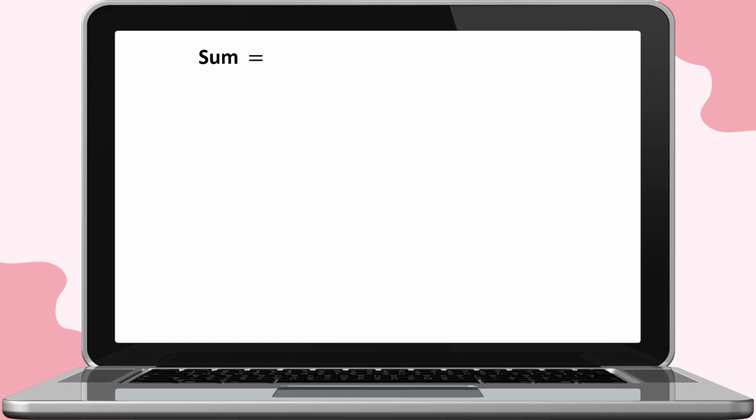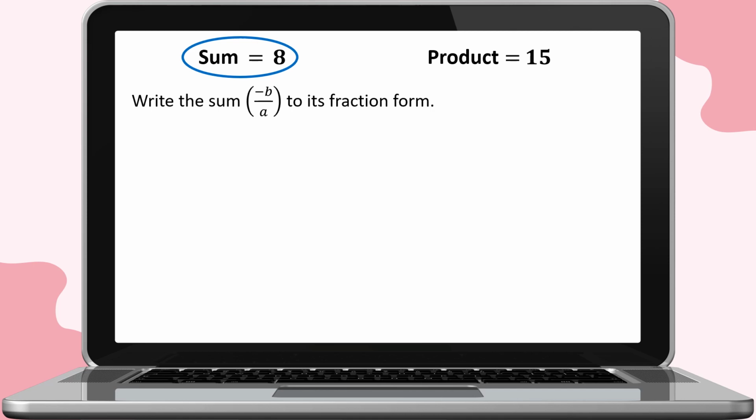Example, the sum is equal to positive 8 and the product is equal to positive 15. We are going to write the sum and product in their fraction form. So we will write our 8 in its fraction form and its denominator is 1.